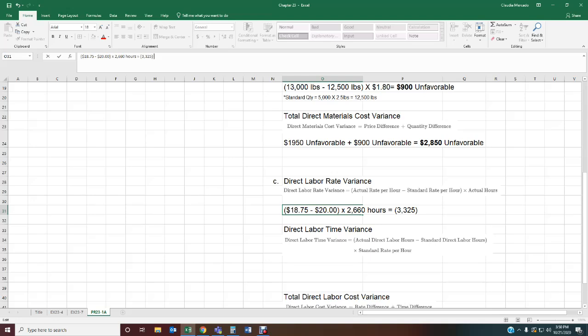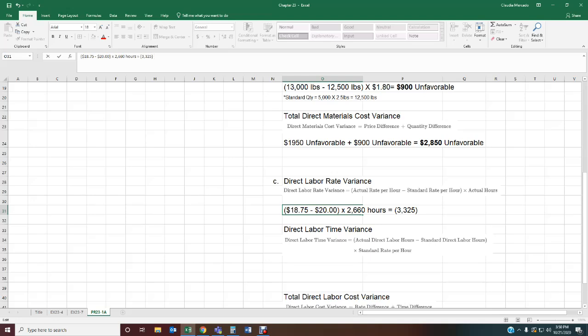Now we need to determine, is this a favorable or unfavorable variance? Well, my standard rate is, we anticipated spending $20 an hour in our labor. We actually ended up paying our employees $18.75. So did you pay your employees more or less? Well, we paid less. We paid them $18.75 when we had set a standard of $20 an hour.